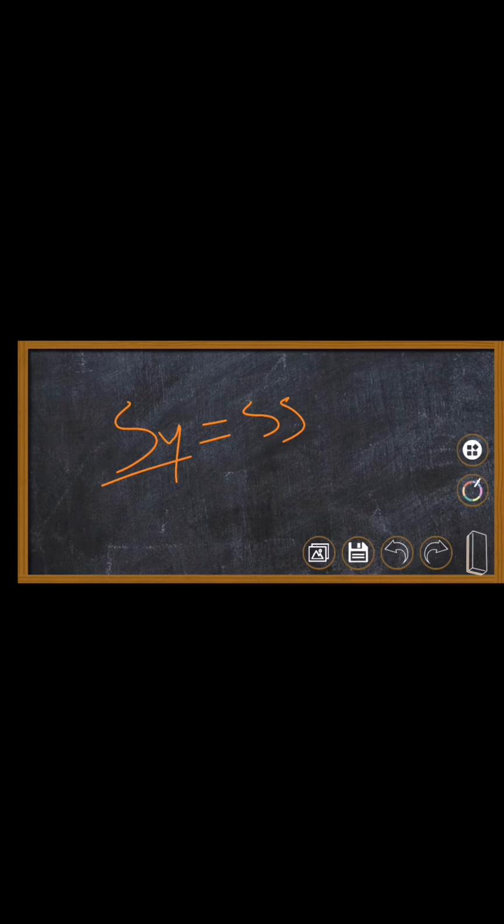And we have to divide both sides by 5 to stay with just y. So we cancel, and we're going to have y this side. 55 divided by 5 is 11. So our answer here will be y is equal to 11. Let's have a look at the next question.